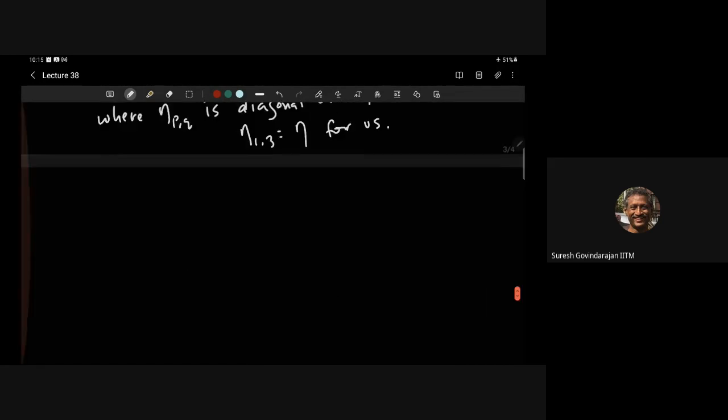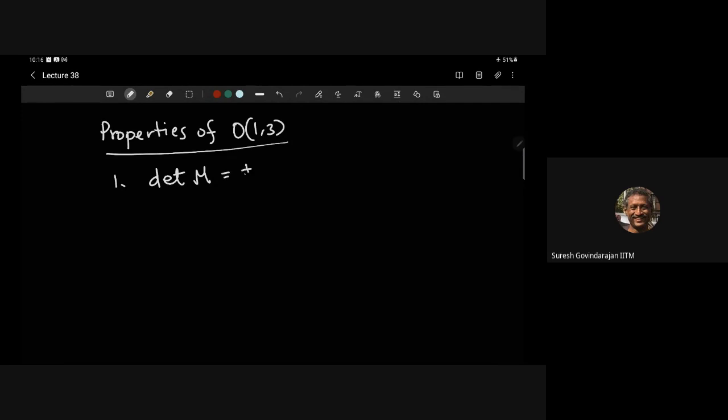The first one is the determinant of M. What do you think the determinant of M will be? Plus or minus 1? Okay, so this is one thing.